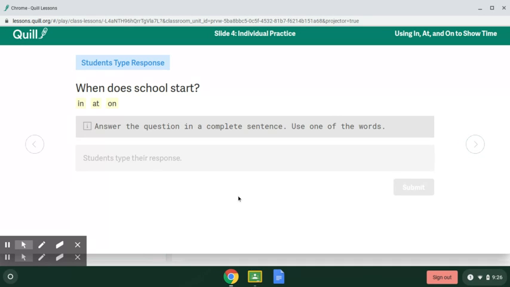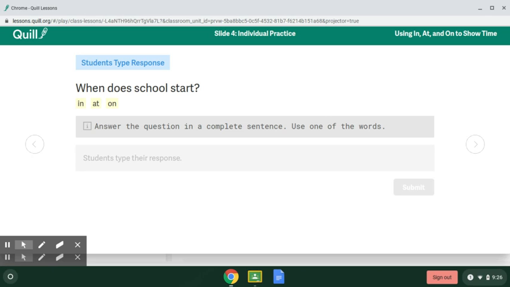How about this one? When does school start? So this one's a little bit tricky. Unfortunately, I can't actually type on here, so there are some options though. Some of you might have been thinking, oh, school starts at 8 o'clock.